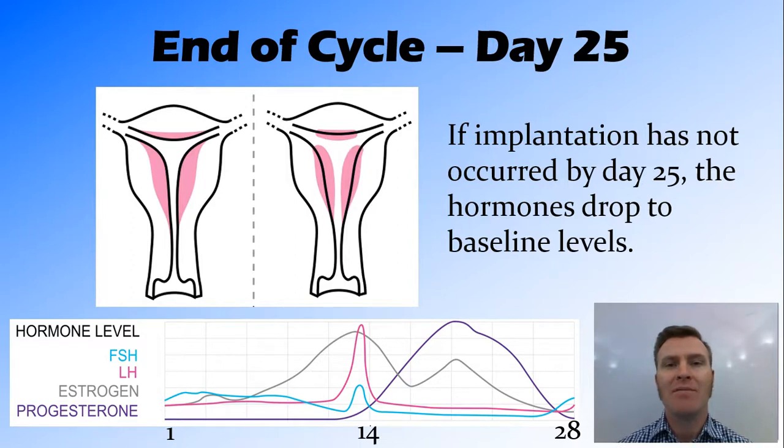Once we get to the end of the cycle, if by about day 25 implantation has not occurred, so that fertilisation and implantation has not occurred, the hormone levels start to drop back down, bringing us to the end of the cycle.